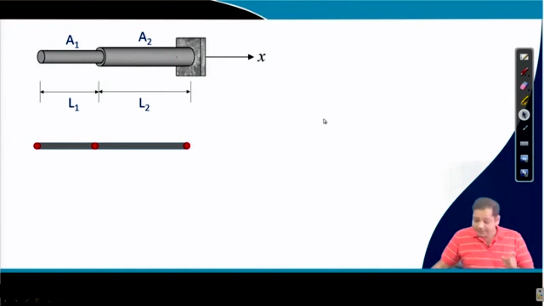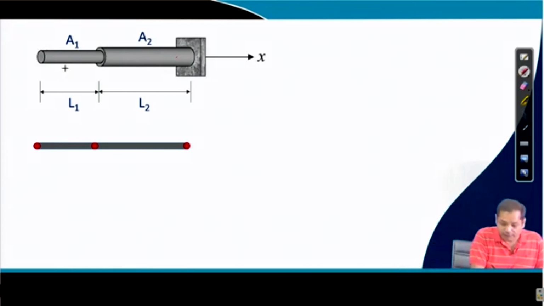Now, let us divide the entire problem into two elements. One is this one and another is this one. So, this is say element number 1, and this is element number 2.